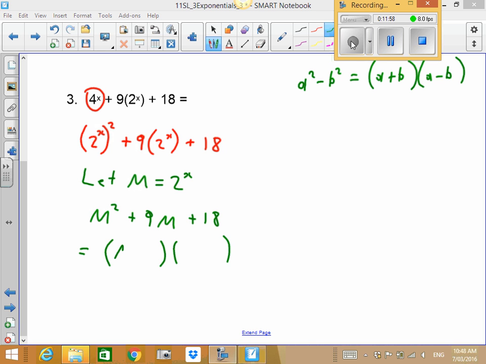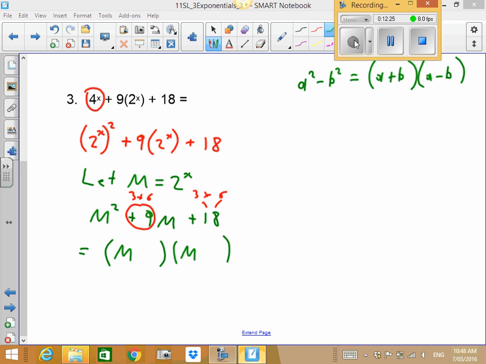to become m there. Let's say we want a pair of factors of 18, 3 and 6. And 3 and 6 can add together to give plus 9.